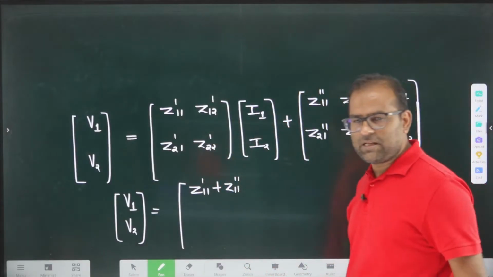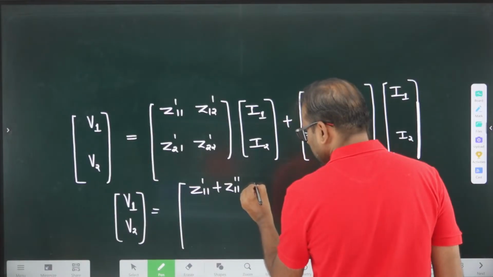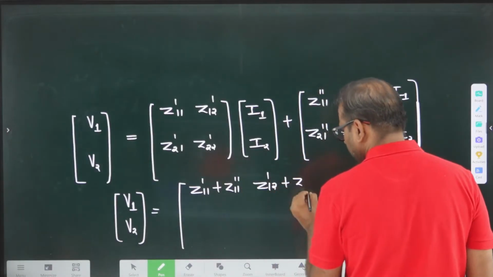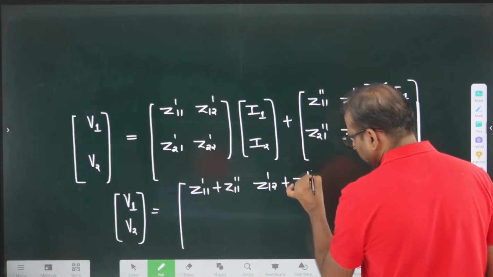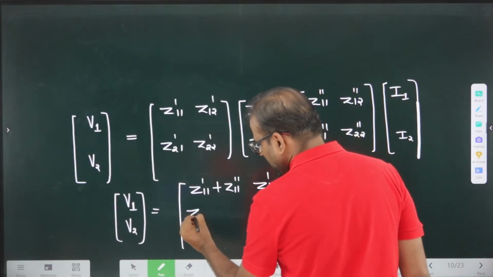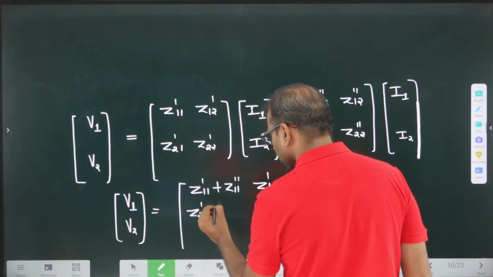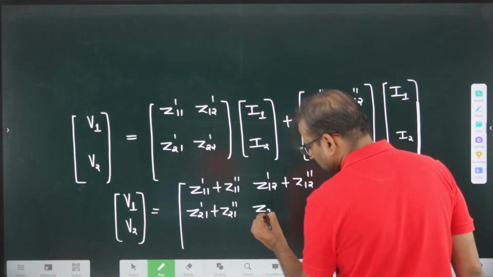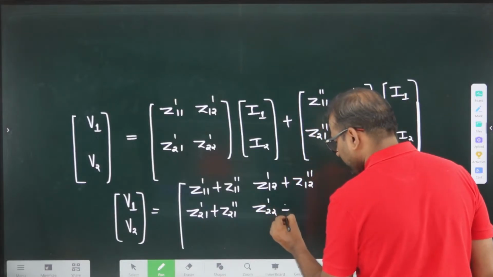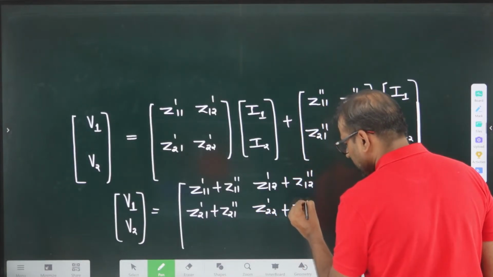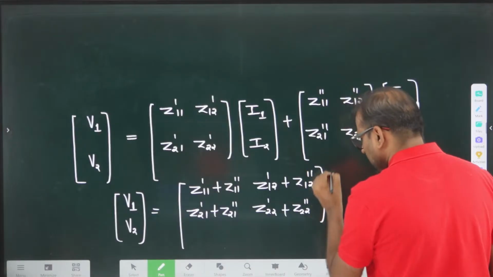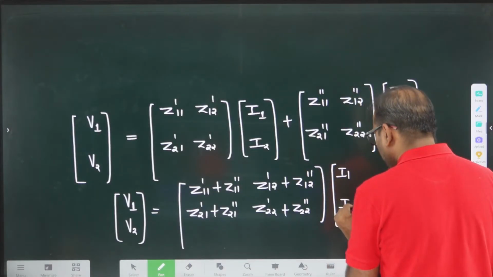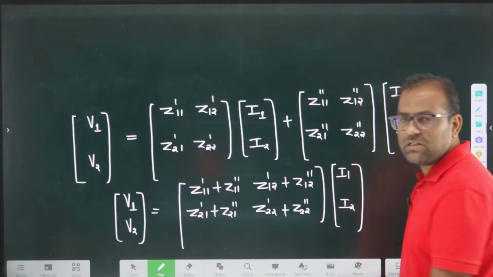This is not multiplication, you are adding. Z12′ plus Z12″. This value will be Z21′ plus Z21″. This value is Z22′ plus Z22″. And this whole is multiplied by what? I1 I2.